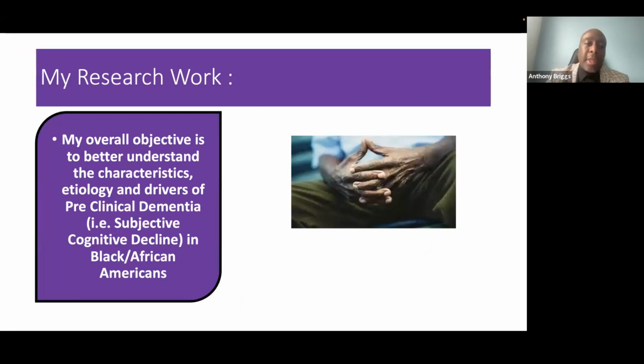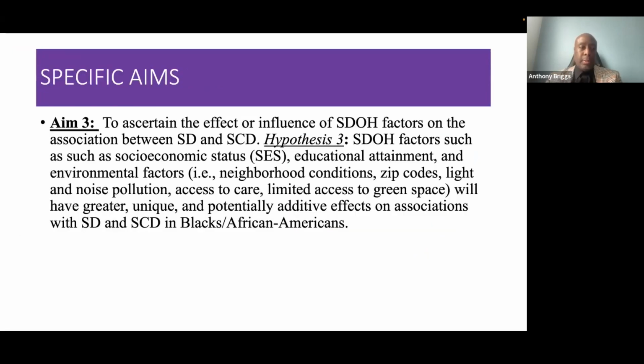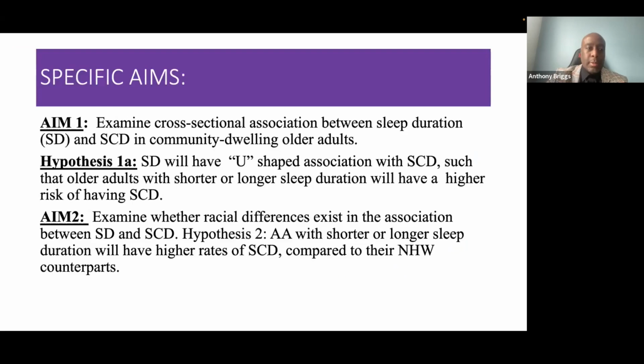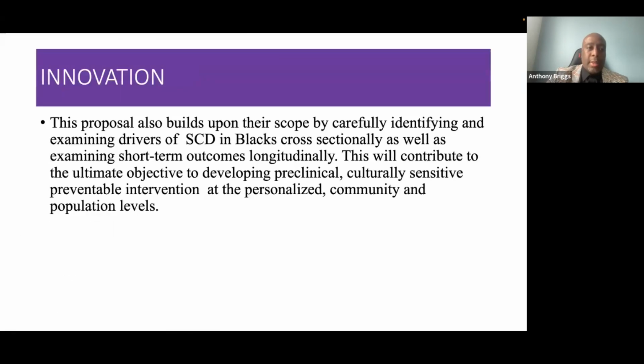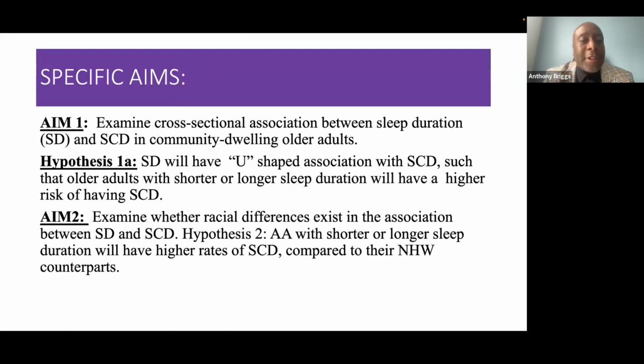So in my research work, my overall objective is to better understand the characteristics, etiology and drivers of preclinical dementia in Blacks, African Americans. My first aim is to examine the cross-sectional association between sleep duration and subjective cognitive decline in community-dwelling older adults.